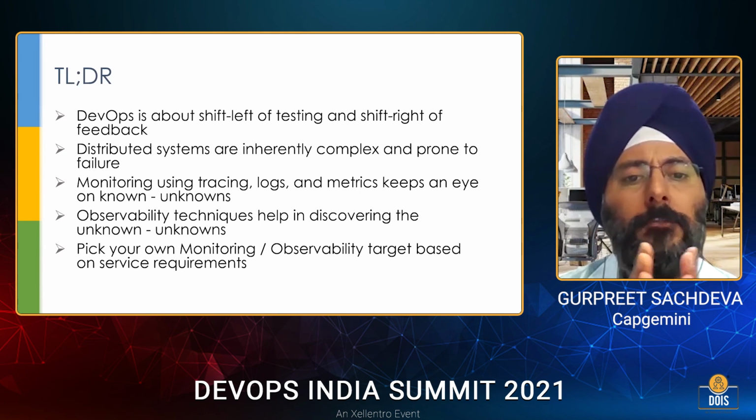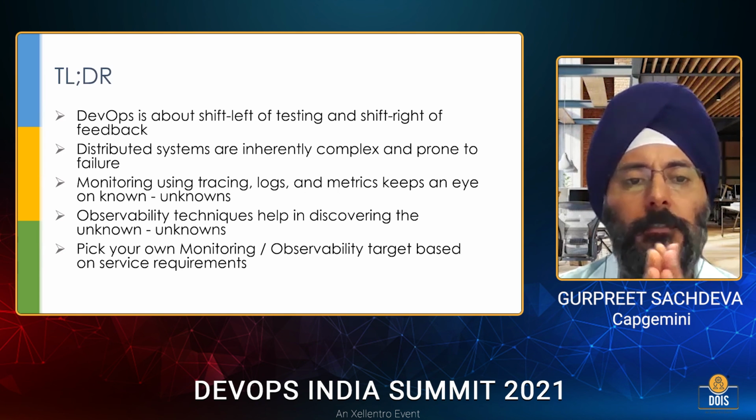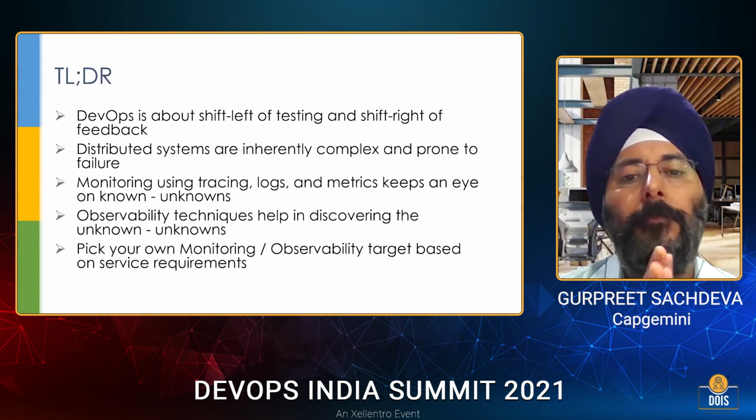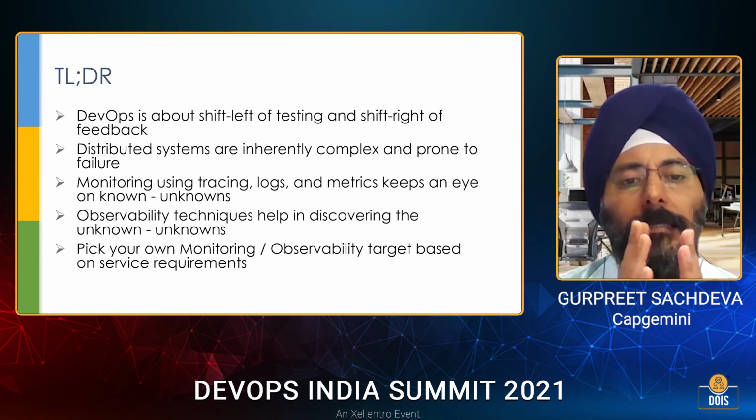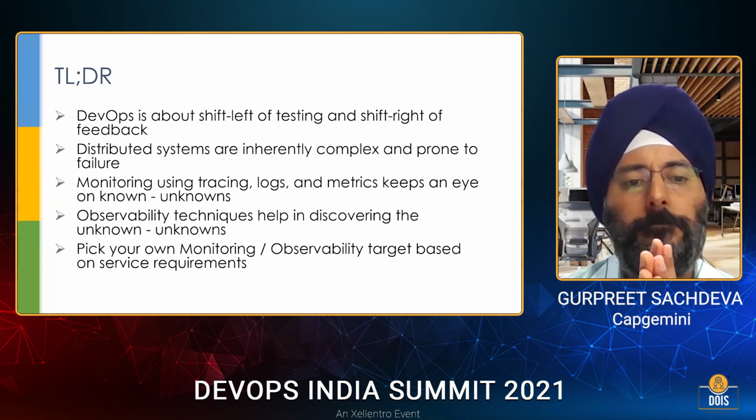Complex systems need to be continuously monitored using logs, traces, and metrics. And monitoring systems should address two key questions: what's broken and why. The what's broken indicates the symptom, the why indicates the cause. Observability techniques complement monitoring systems by helping in discovering the unknown unknowns.